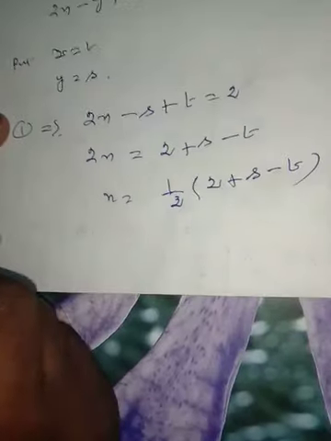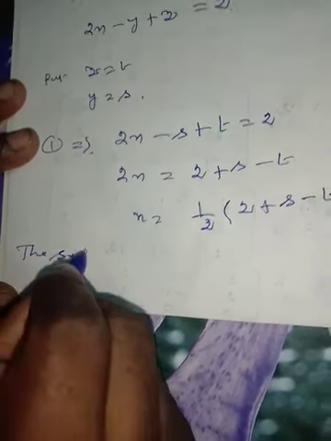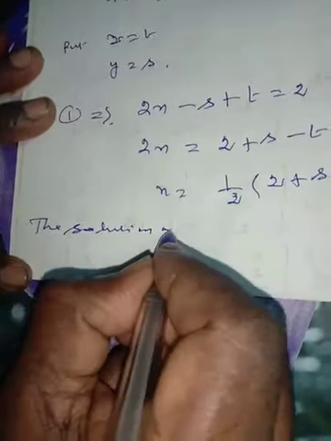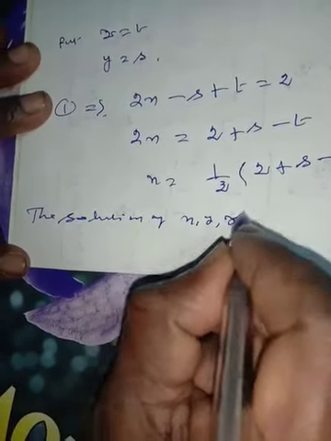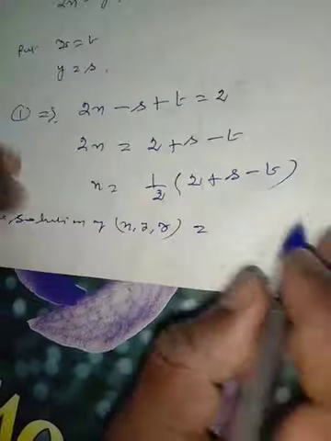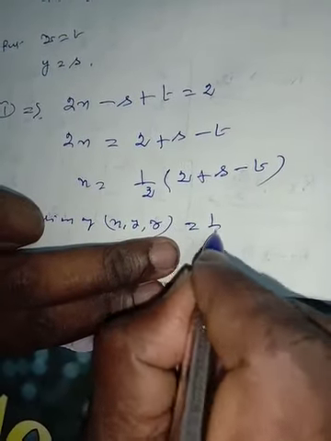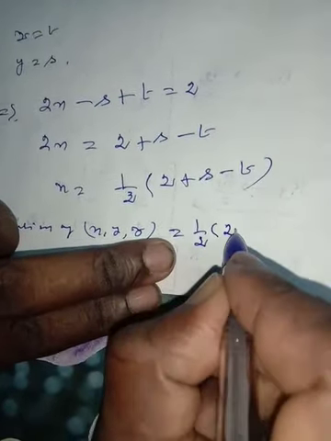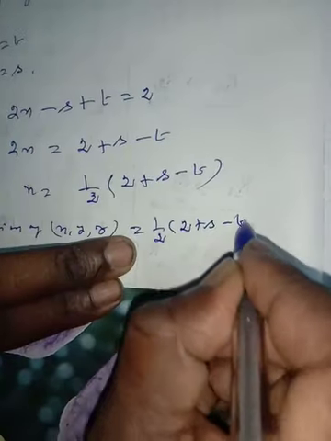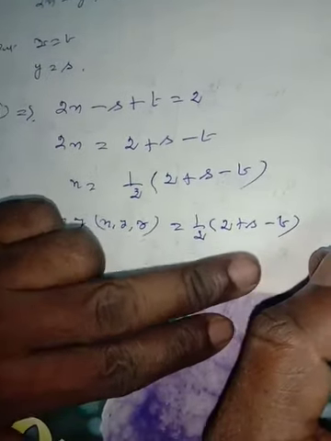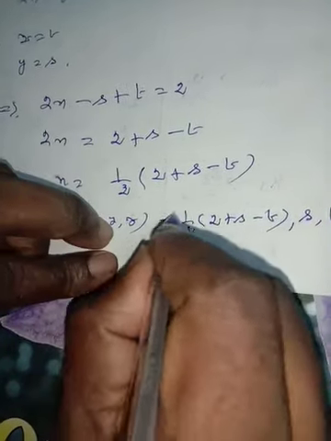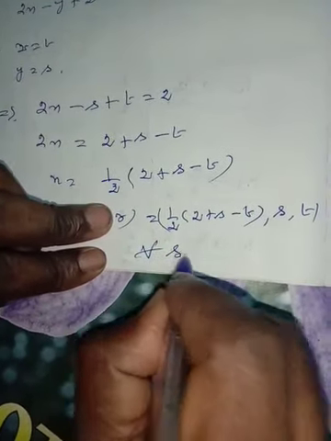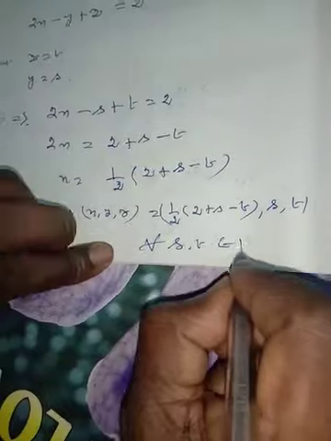The solution of x, y, z is: x is half into 2 plus s minus t, y is s, z is t, for all s, t an element of real number set.